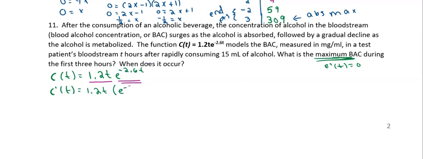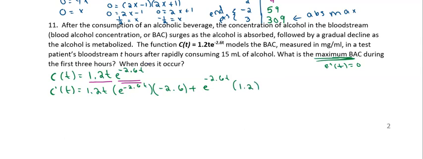So e to the f of x is e to the f of x, so e to the -2.6 t times the derivative of our f of x, our exponent. So that's just -2.6. So first times the derivative of the second plus the second, e to the -2.6 t times the derivative of first. Well, the derivative of 1.2 t is 1.2.